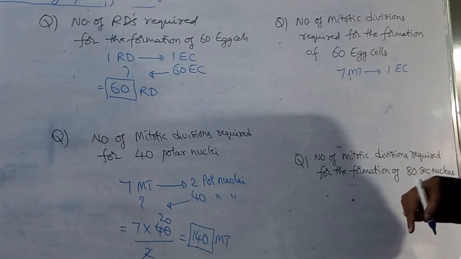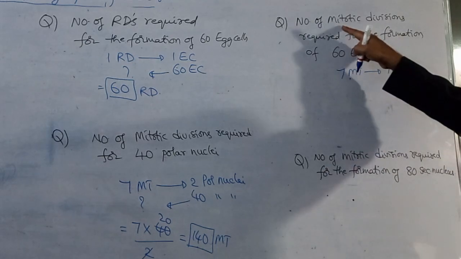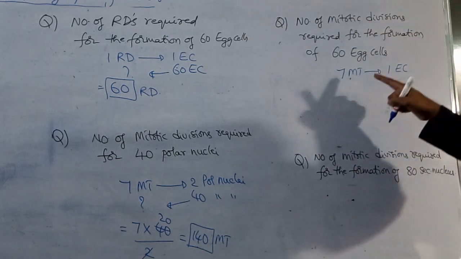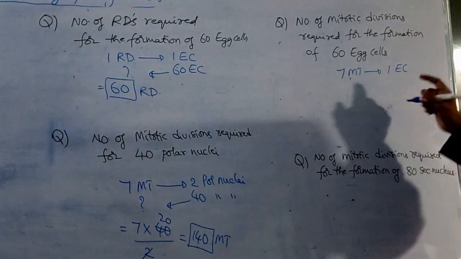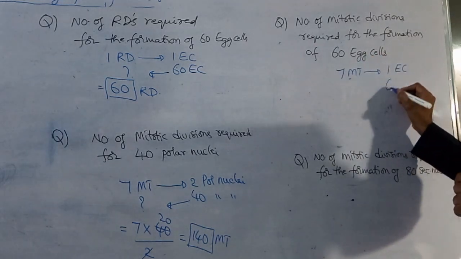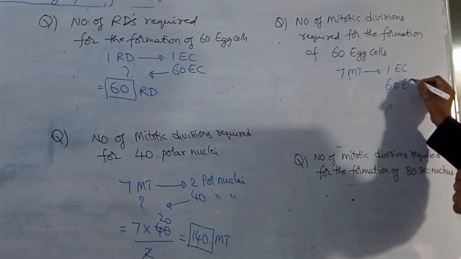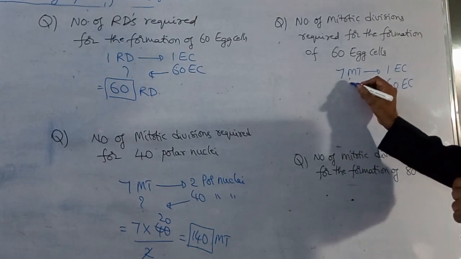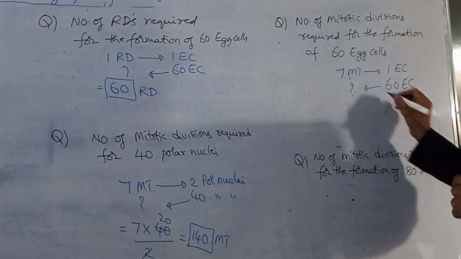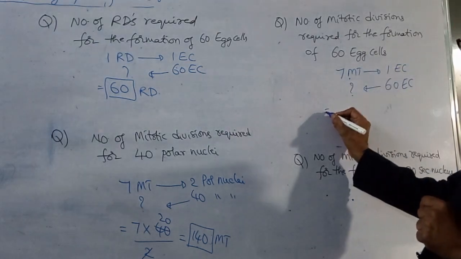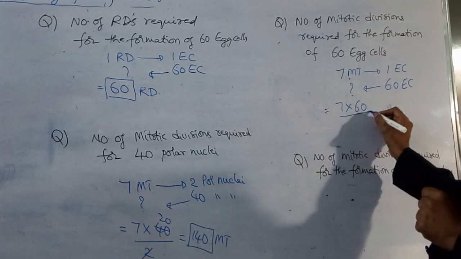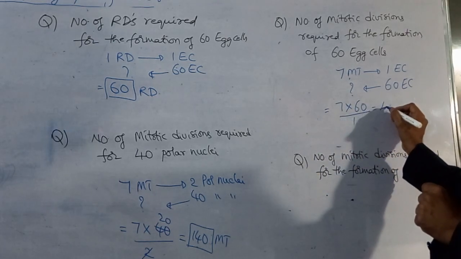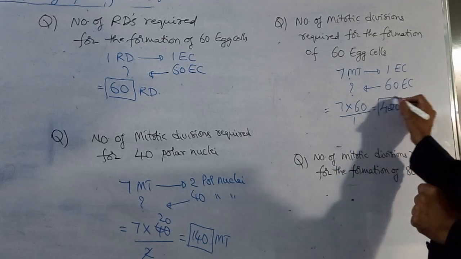How many mitosis required for the formation of one egg cell? 7 mitoses. Here mitotic divisions are asked, so 7 mitotic divisions are required for the formation of one egg cell. How many egg cells are given? 60 egg cells. How many mitosis? Cross multiplication, that is equal to 7 into 60 divided by 1, that is equal to 420.